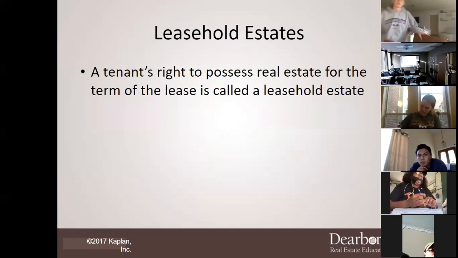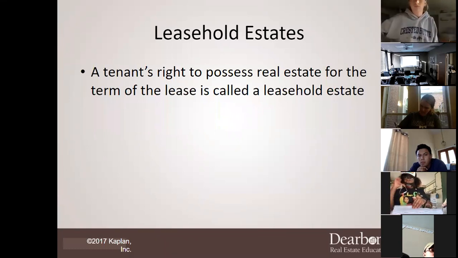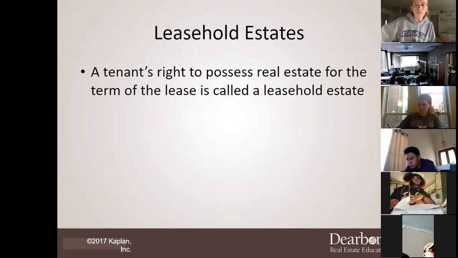Leasehold estates. The tenant's right to possess real estate for the term of the lease is called a leasehold estate, and it would be a set term. If you were to buy or own a home, you would have what's called a freehold estate, because it's free and clear.